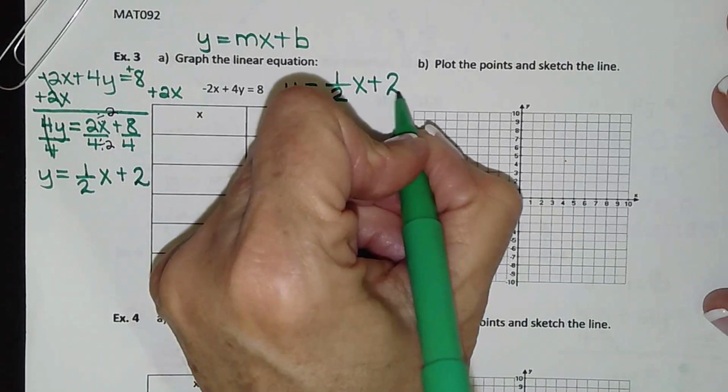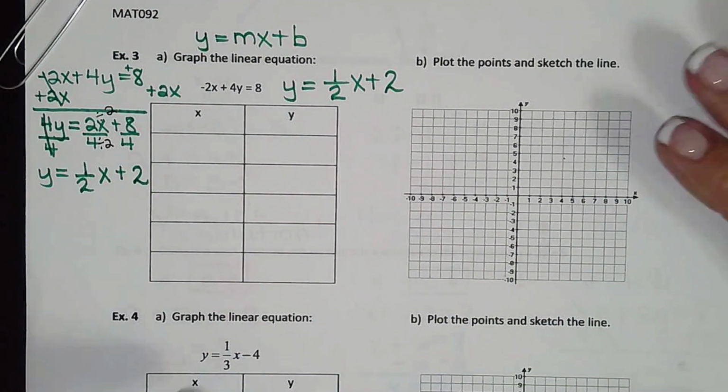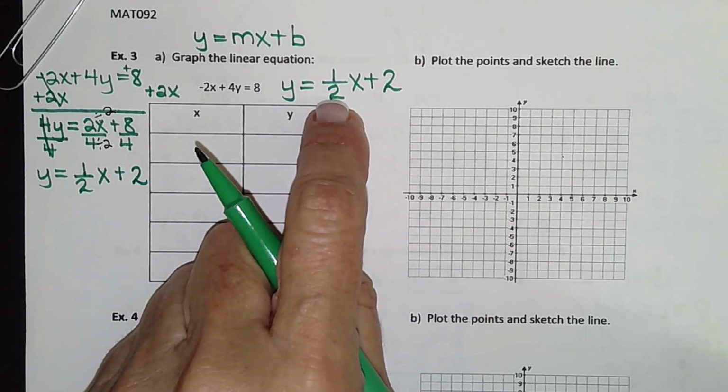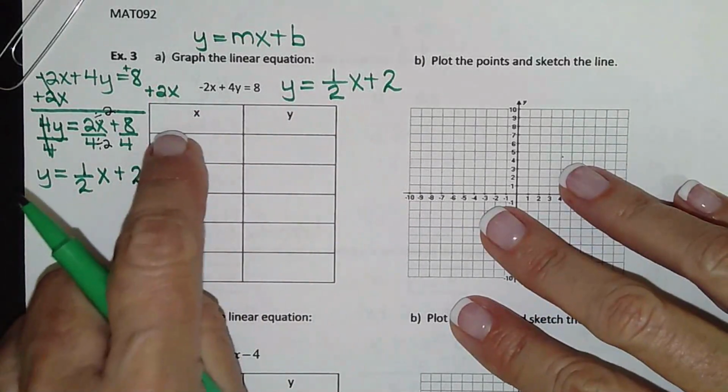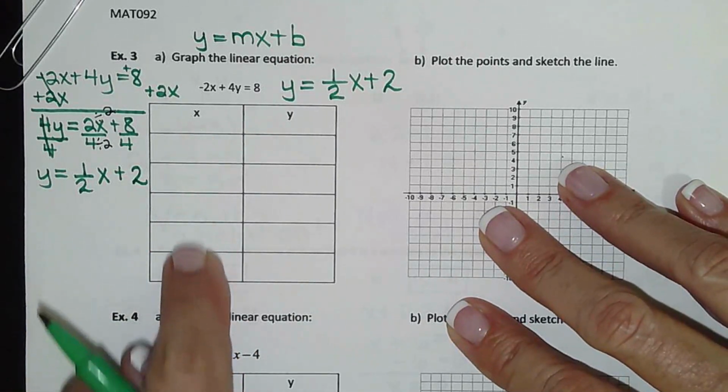So notice, and actually, do you know what? I'm going to do this one completely with you. I'll let you do the next one because you haven't done a fraction yet, and I need to show you how to pick the values carefully. So whatever the denominator of the fraction is, everything in this column needs to be multiples of that denominator.